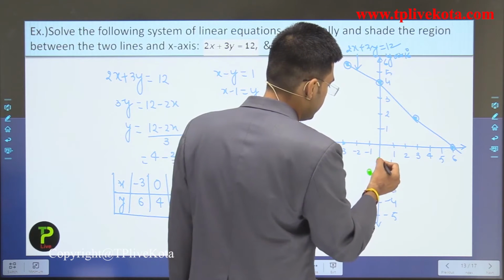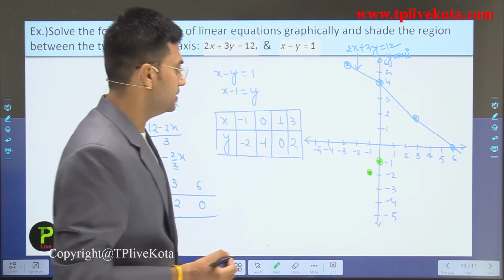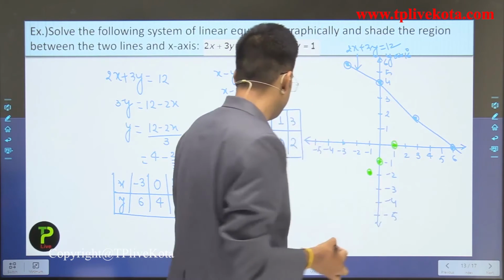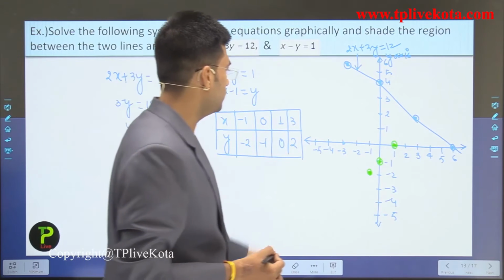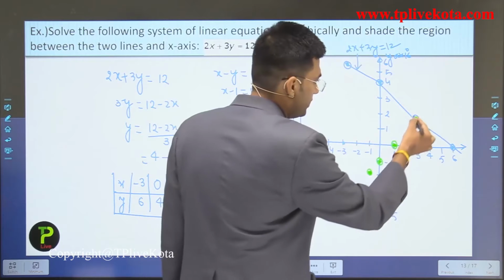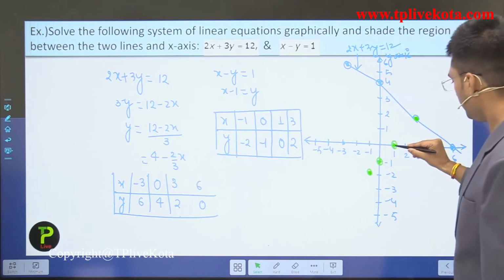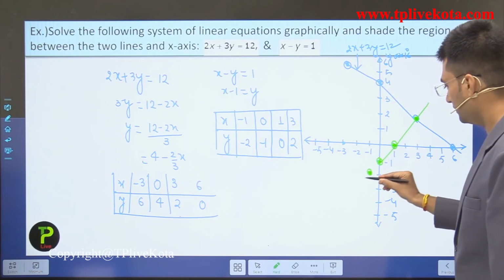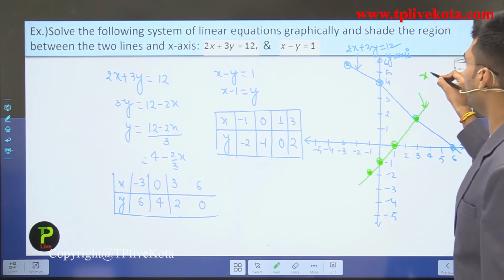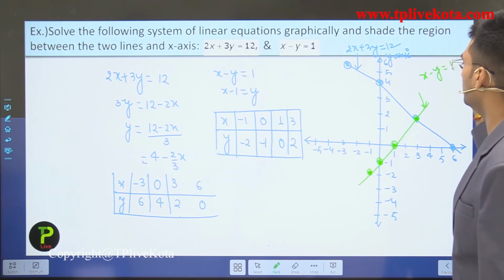This is the second point. 1 comma 0 is the third point. Then 3 comma 2, this point. So let's join all these points. This is the graph of x minus y equal to 1.